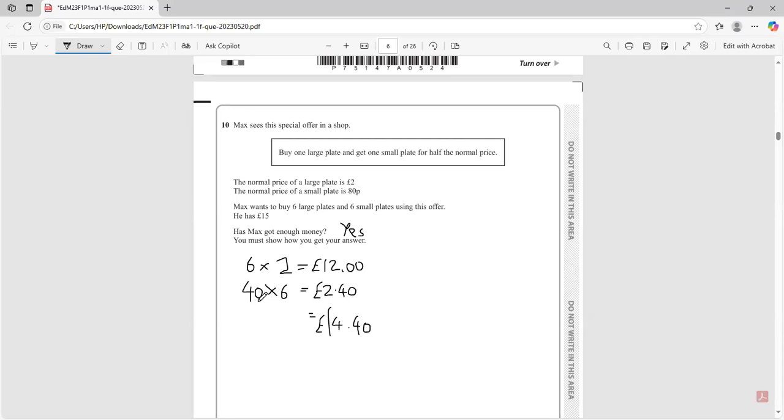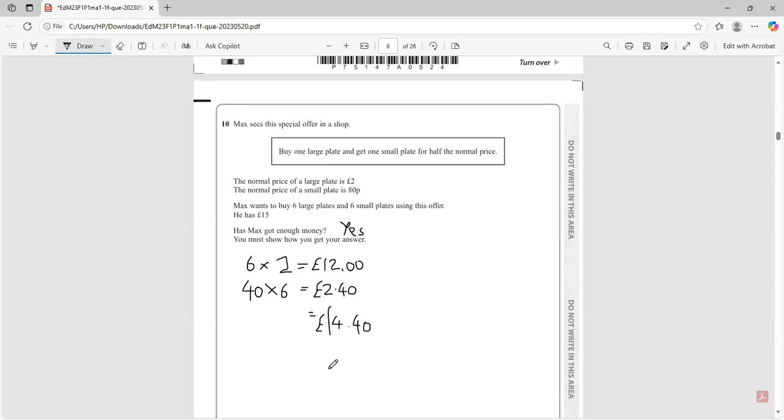So 240, if I divide it by 100 to convert it, is £2.40. Oh, okay. Did you get it now? Are you good with it? Yes. Okay, all right, good. So let's move on.